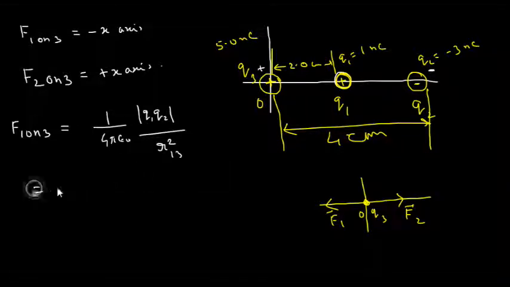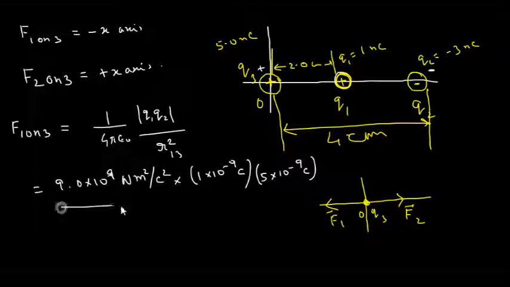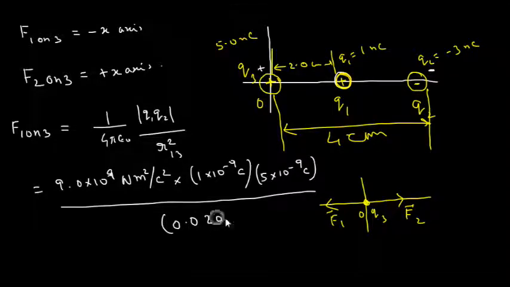So putting these values, we get 9.0 into 10 to the power 9 Newton meter square upon Coulomb square, multiplied by Q1, which is 1.1 into 10 to the power minus 9 C, and the other one is 5 into 10 to the power minus 9 C, upon the distance R, which is 0.02 meter square.